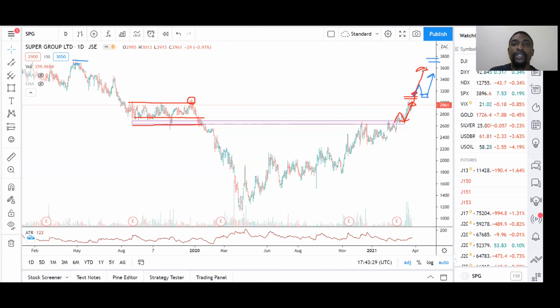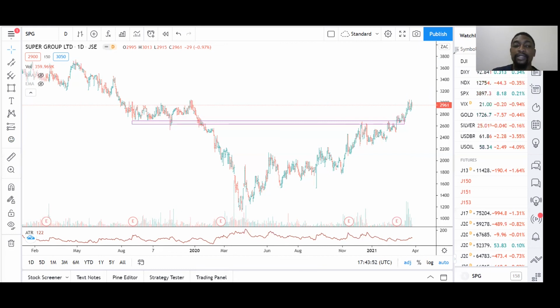Ideally, we want to take trades where we have at least a risk to reward of 1:3, but preferably we want a risk to reward of 1:5 because there we can only be correct 20% of the time and make money, rather than taking trades that have a risk to reward of 1:1. So there we have about maybe a 50% chance of making money.